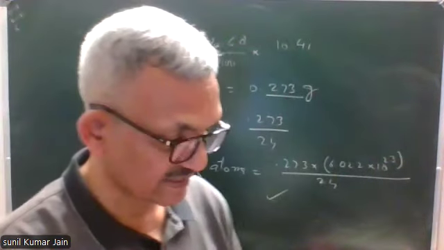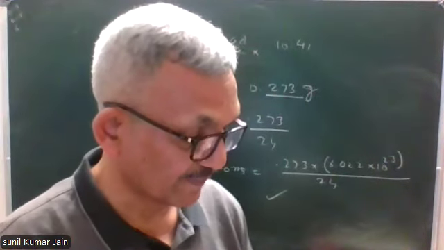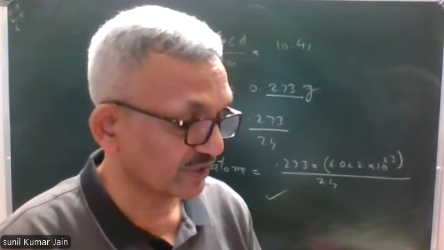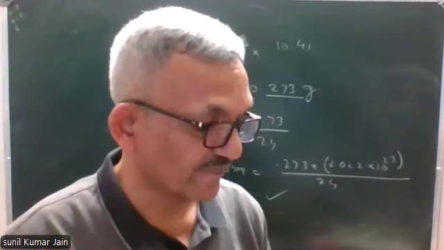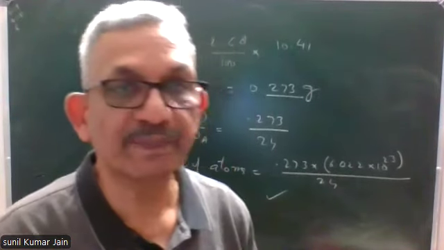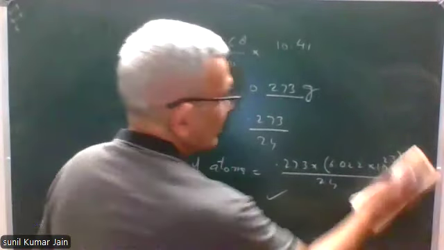Next, this ninth numerical. Calculate the rate of sugar, molecular weight is 342, per mole if it costs rupees 20 per kilogram. See, we can use the unitary method. It costs rupees 20 per kilogram.